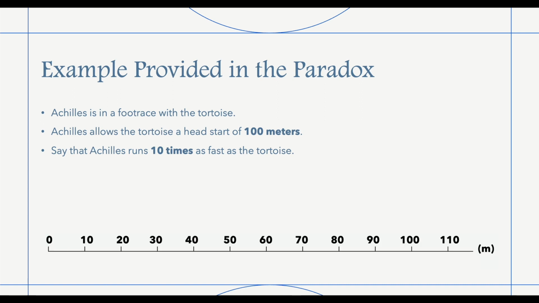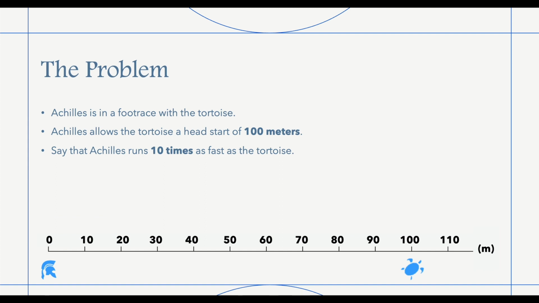And here is the number line that I created. Here is him and the tortoise, and I give him a 100-meter head start. Well, the problem is that for him to catch up to the tortoise, he must first run the 100 meters to the starting point of the tortoise, by which time the tortoise has run 10 meters.